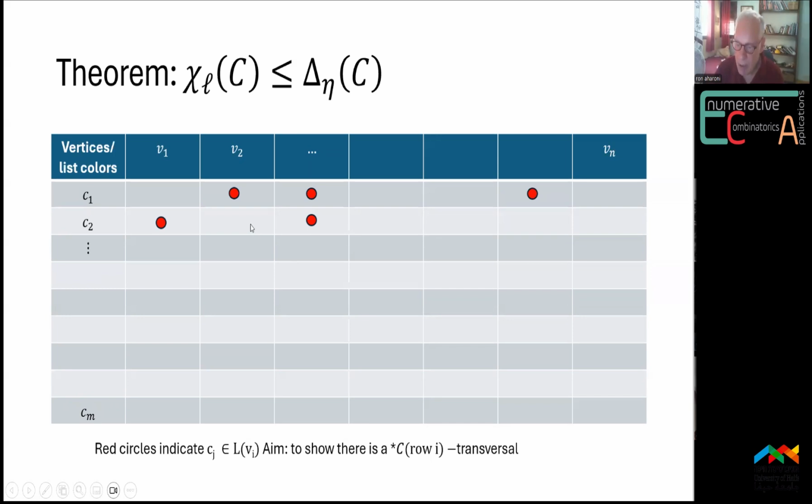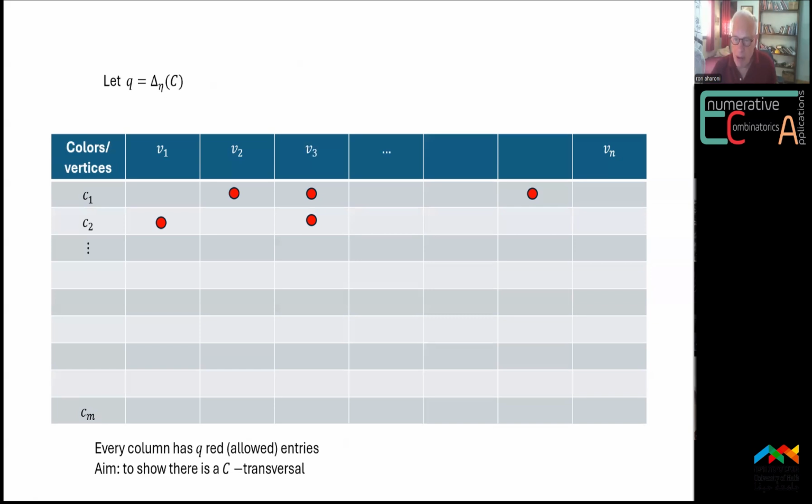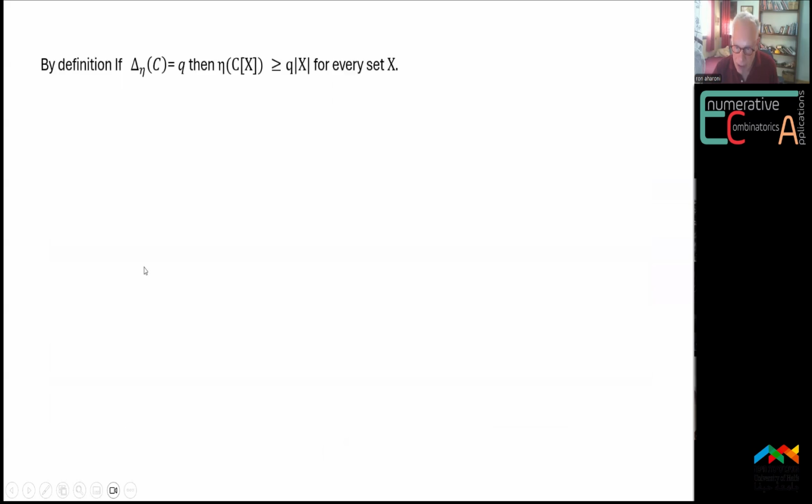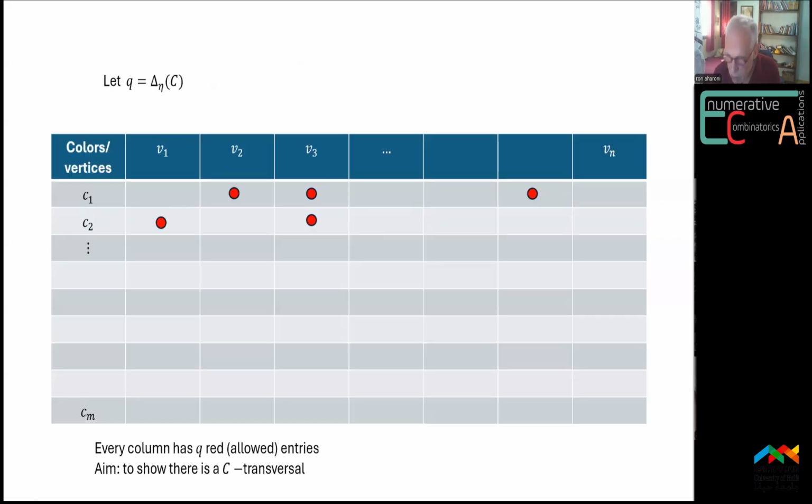Okay. Now, what we want to prove is that, let Q be delta eta. And the claim is that if every list here, the list of V1, is all the red guys here, which you don't see because I'm too lazy to write many of them.